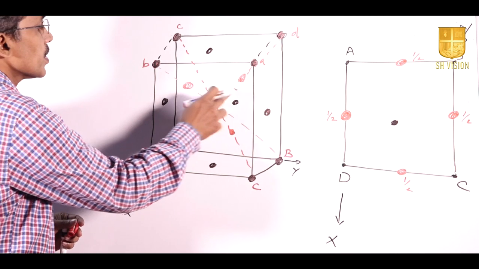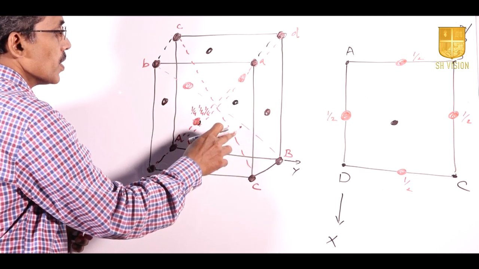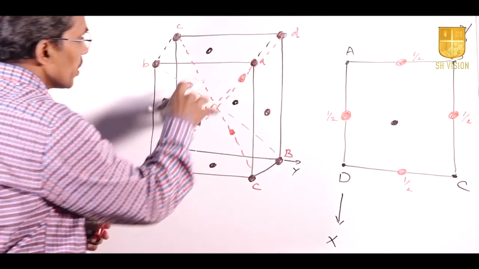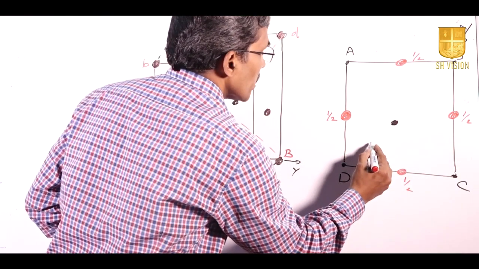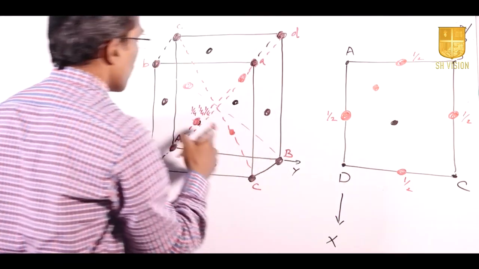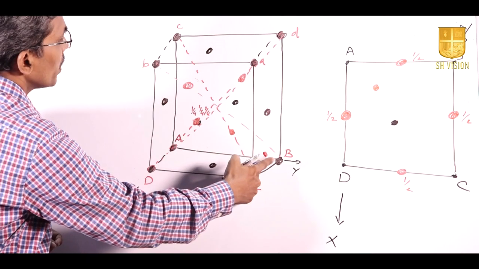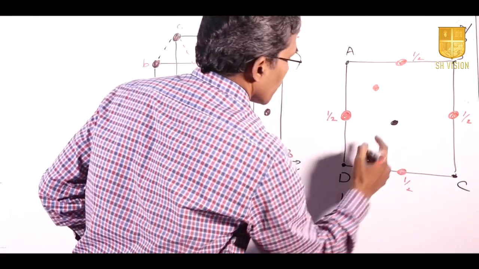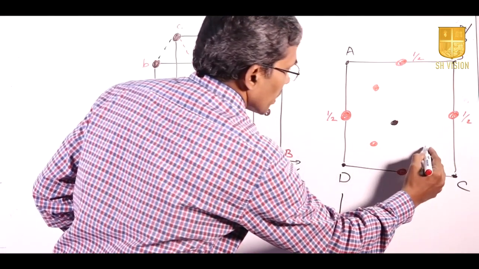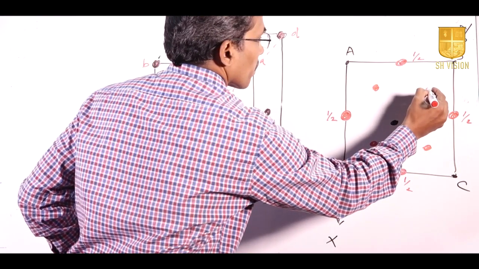And these 4 atoms are at 1/4, 1/4, 3/4, 3/4. They will be coming at points here. One at 1/4 distance from A, one at 3/4 distance from B, from C again 1/4 distance, and from D 3/4 distance.